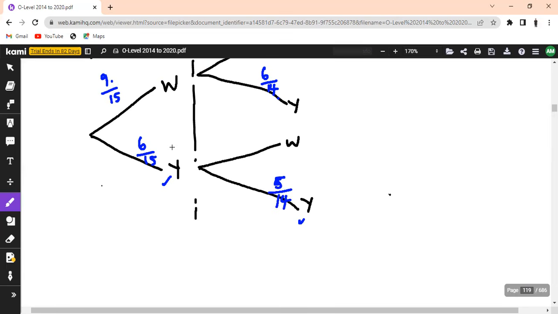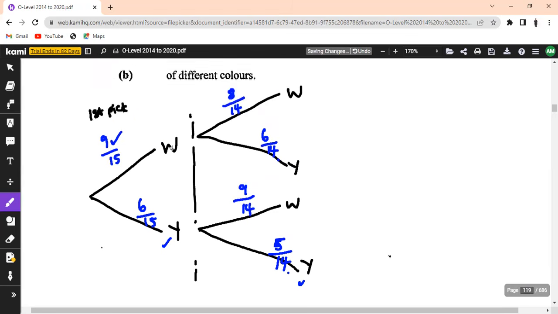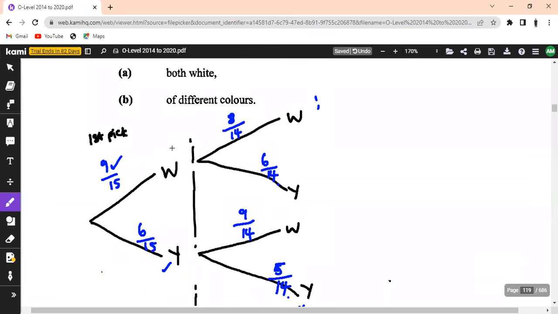And the white, you are assuming as if you never picked the white. So the white is going to remain as it is as before, which is 9. But the total is the one that is now affected. It's now out of 14. So that is what you're going to have. And these are the outcomes from your probability tree diagram. We know that we are going to have our outcomes. In this case, it's white, white.